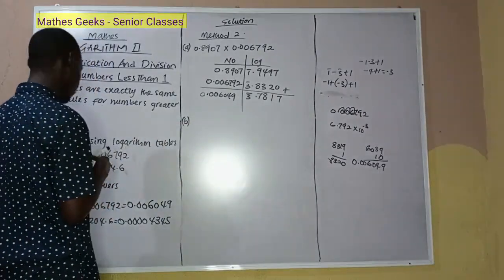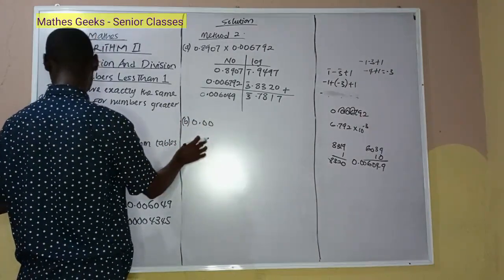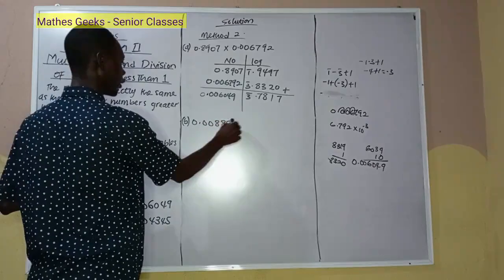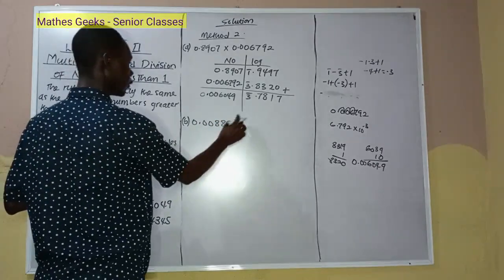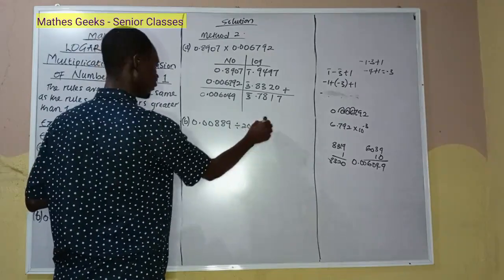For B, we have 0.00889 times 2 divided by 204.6.